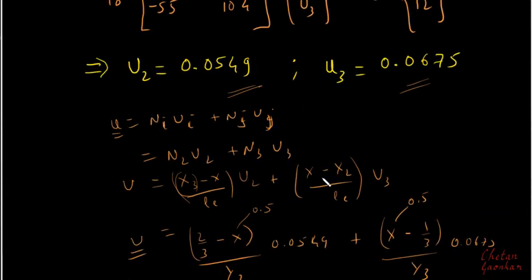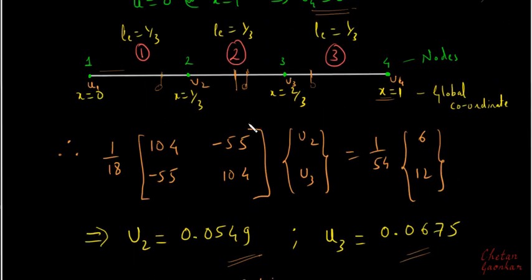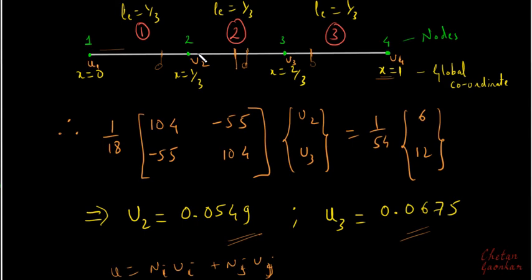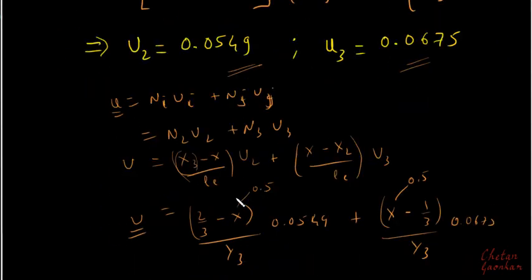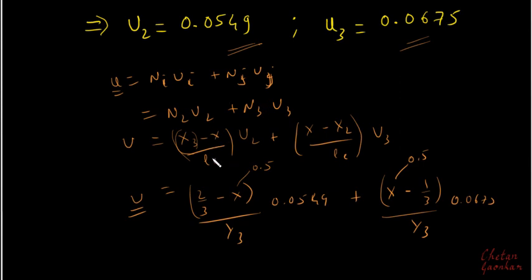So this is the benefit, or the use, of the shape function. If I can find the values of the nodal parameters, that is u2 and u3 here, by the finite element method, and I want to find the values anywhere in between within an element, then I can use this displacement model, this shape function, and find the values anywhere inside the element.